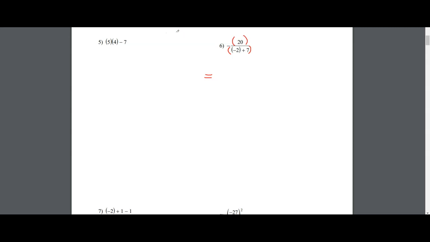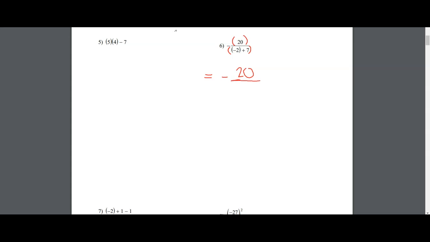Or I could have 20 divided by negative, and then in parentheses I have -2 plus 7. So I could put it in my denominator. Or I could just leave it where it's at on the outside of the fraction and worry about it at the end. And we can just do that for now.